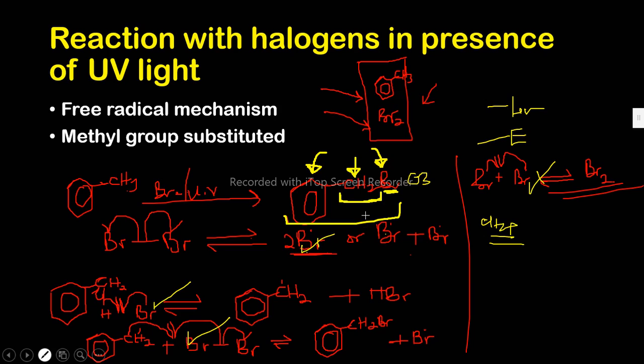That's how we shall give the IUPAC name. The parent chain is this. Then the Br, as you can see, is a functional group, and the benzene ring is going to be named as a group that is attached on the parent chain.